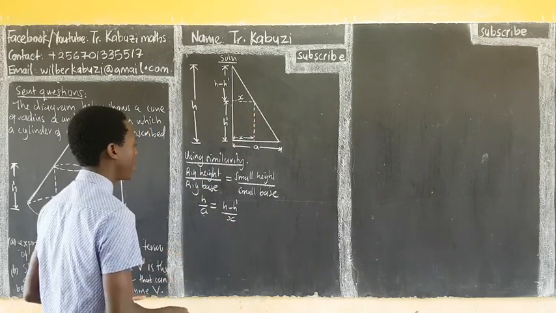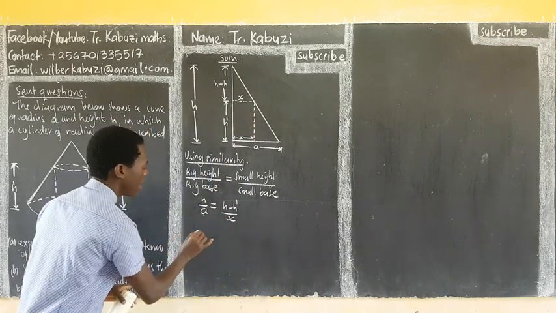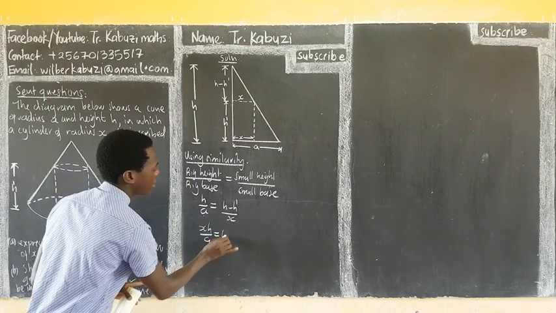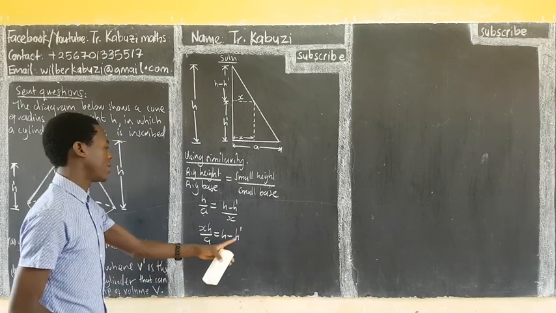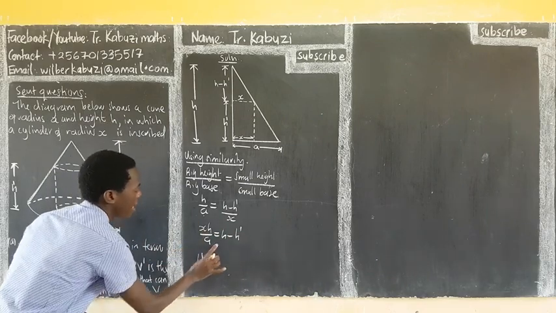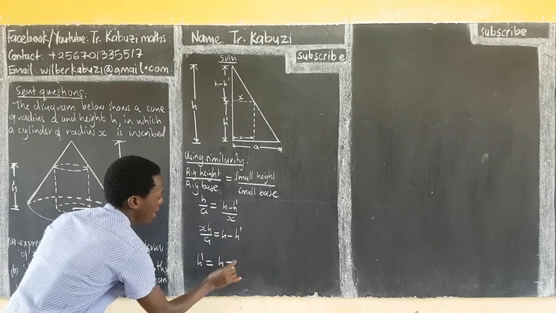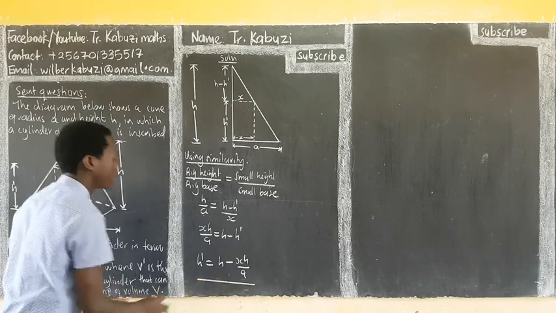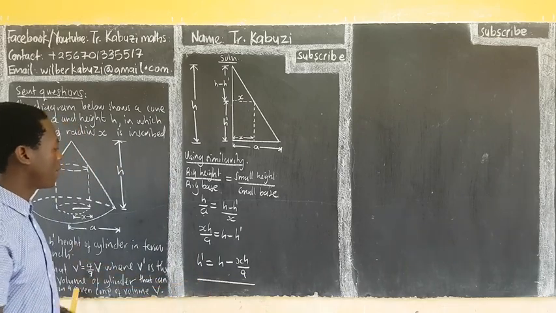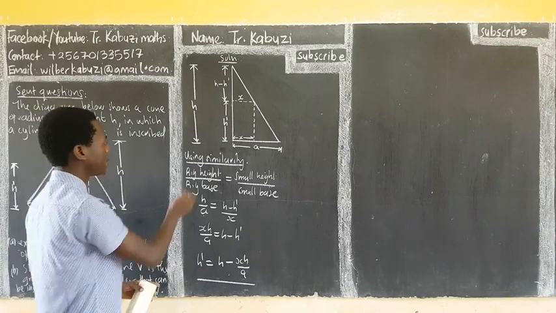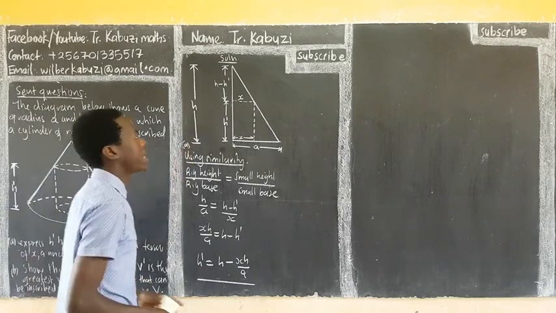So when I cross multiply here, I have hx over a equal to h minus h prime. So when I take this inside and bring this side, my h prime will now be h minus xh over a. And so I have expressed h prime in terms of h, x, and a. So that's what we had to do for part A.